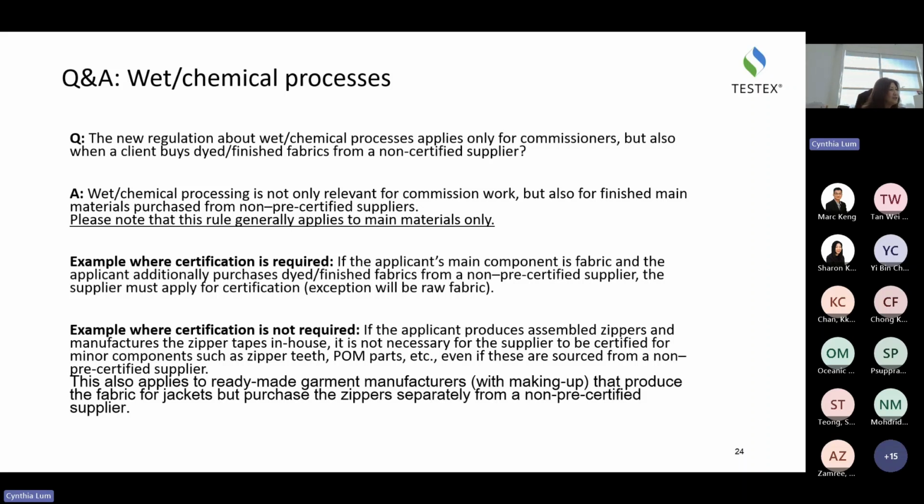The new regulations apply not only for commissioners, but also when the client buys dyed finished fabrics from a non-certified supplier. Yes, wet chemical processing is not only relevant for commission work, but also for finished main materials purchased from non-certified suppliers.